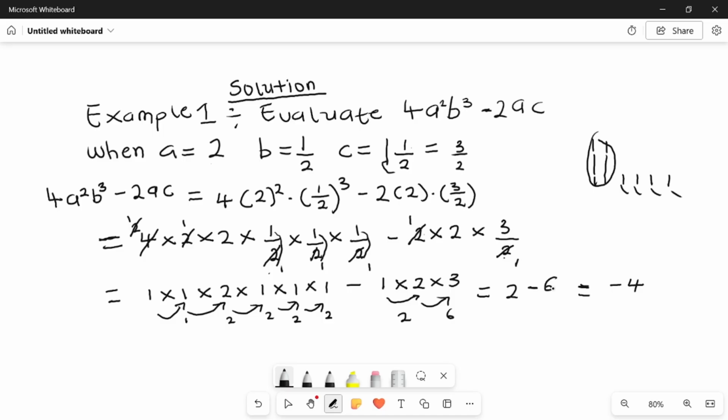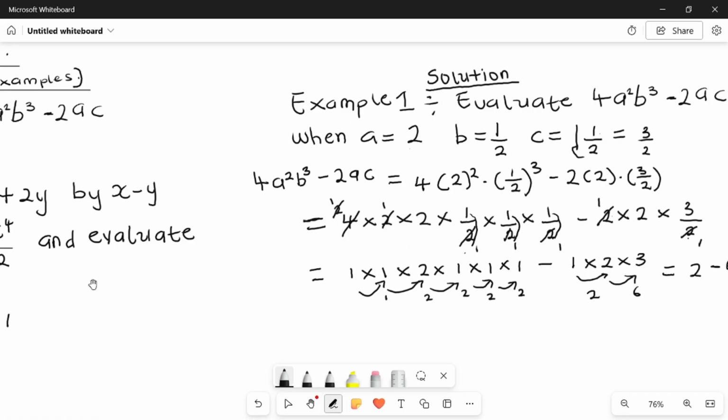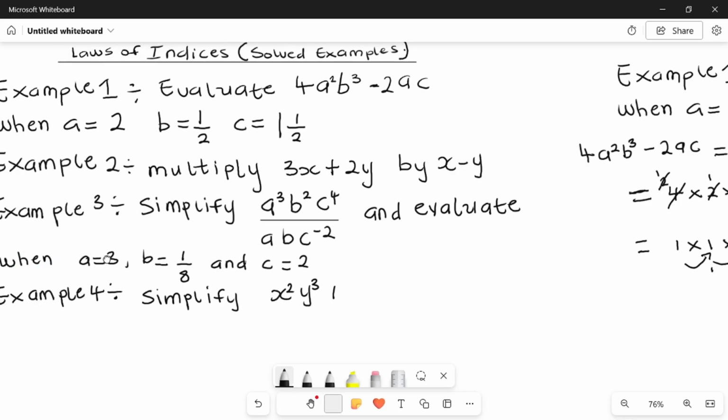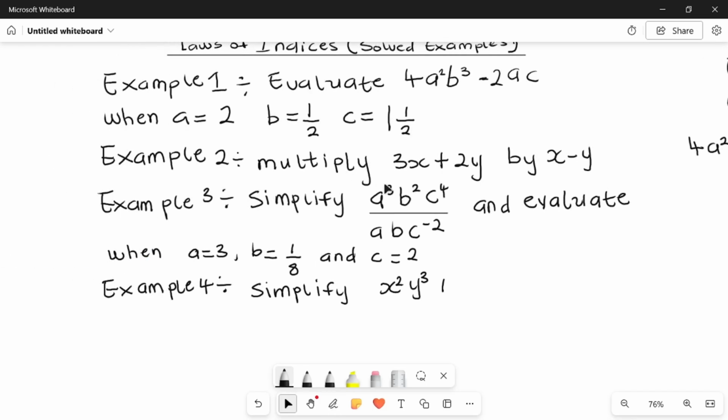So this is the first example. We are done with the first example. We'll move to the next example, so stay with me. Our next example says that we should evaluate, or we should multiply. Let's copy the example down.